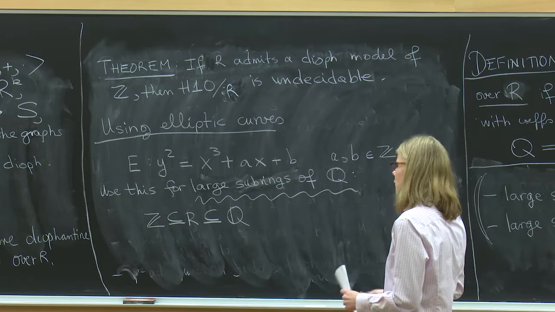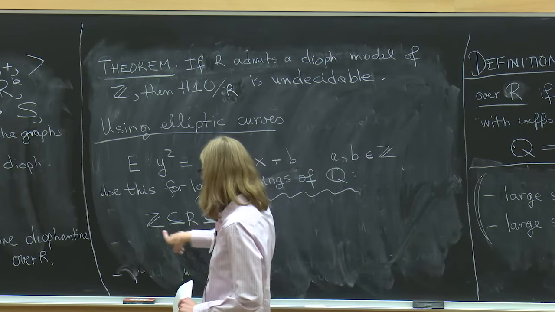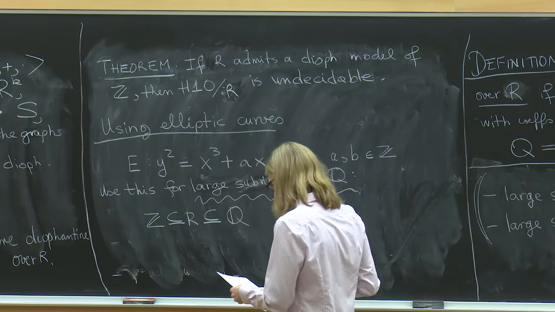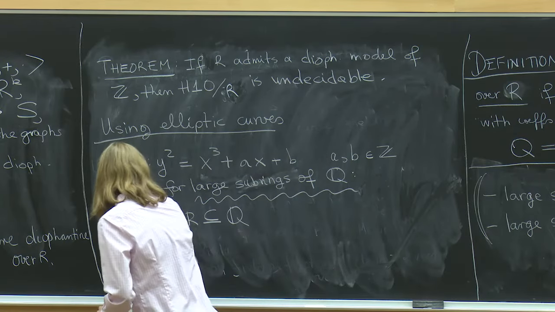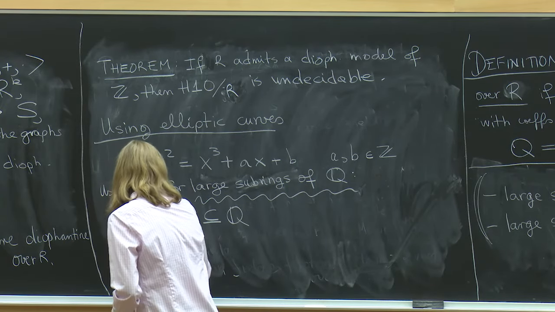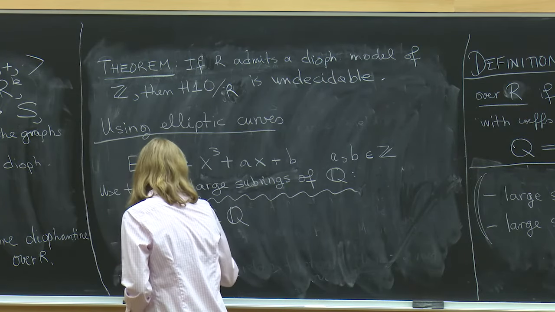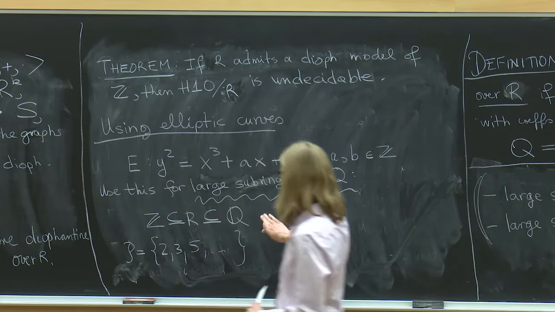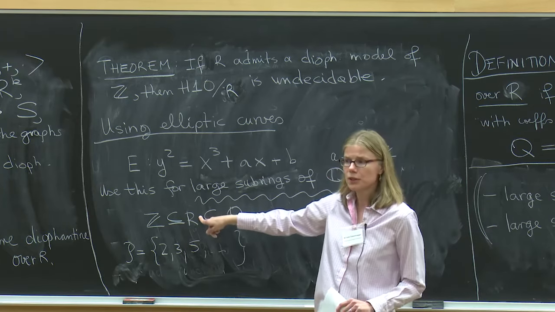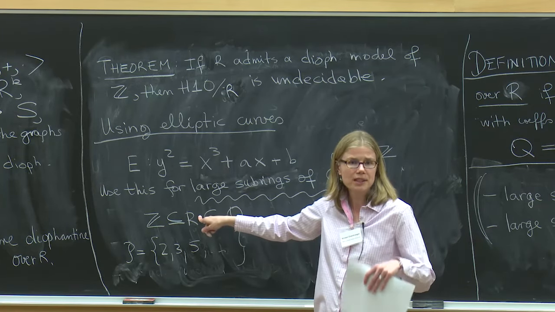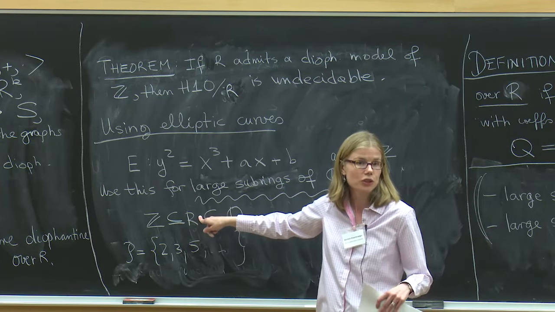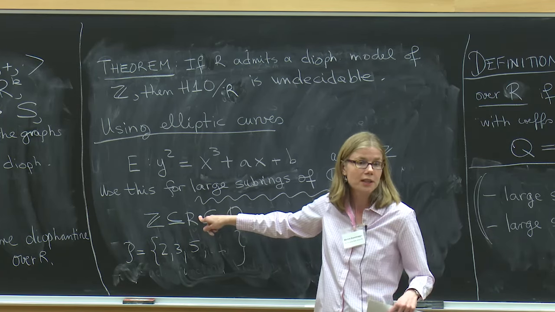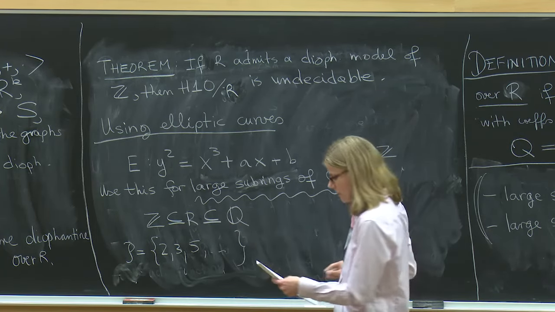So we have some ring R that contains the integers and is contained in Q. Let P be the set of primes. Then we know what all of these R's look like, because you just take a subset of the primes and invert them. That just means you're allowing denominators in some subset of the primes.